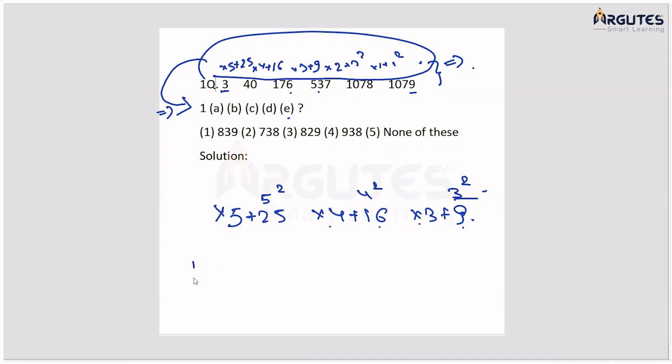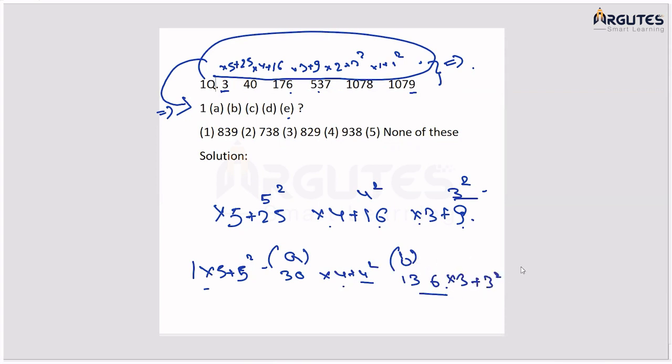So here we will do 1 into 5 plus 5 square, that is 30. So your A will be 30. Then 30 into 4 plus 4 square, that is 120 and 16, 136. So B will be 136. Then 136 into 3 plus 3 square, this will be 417.